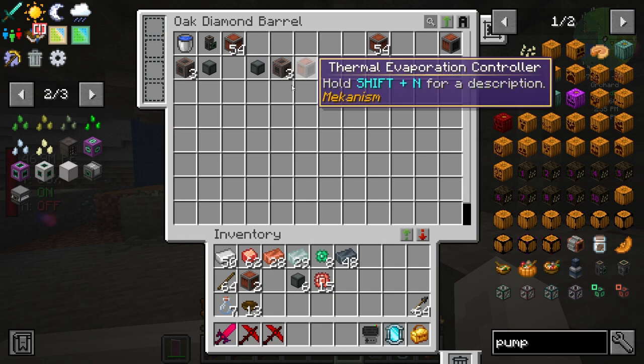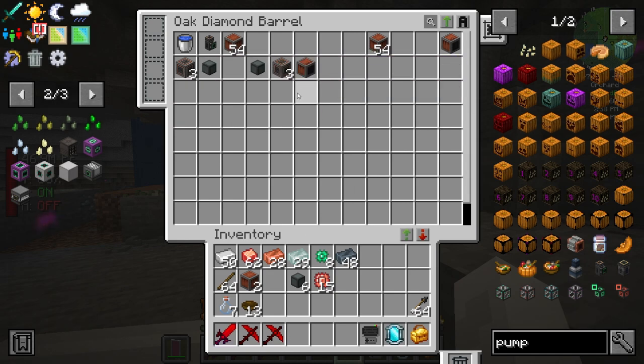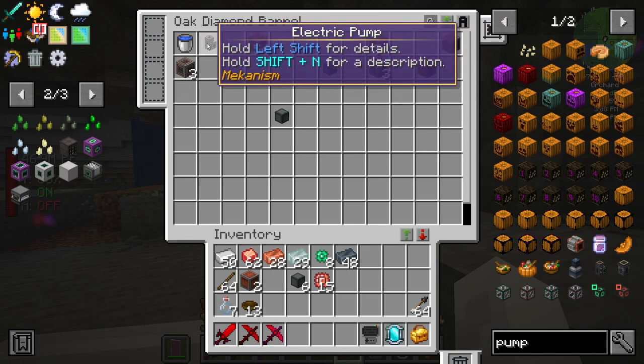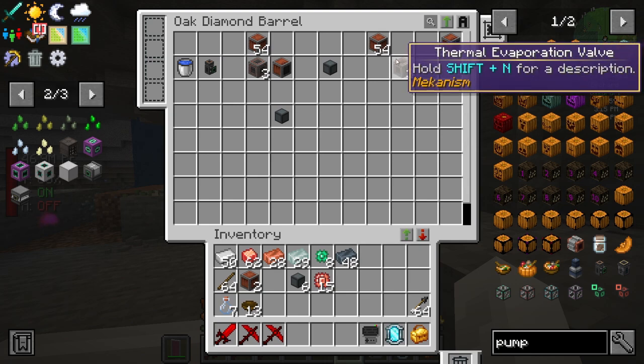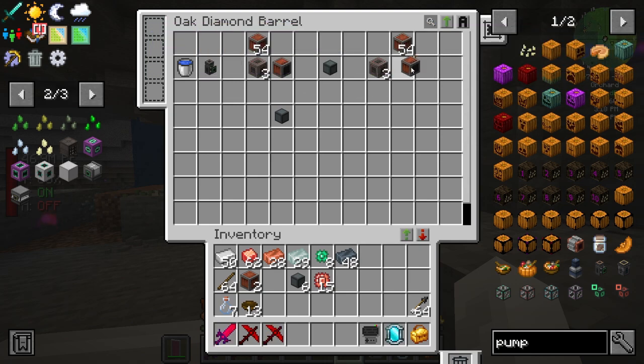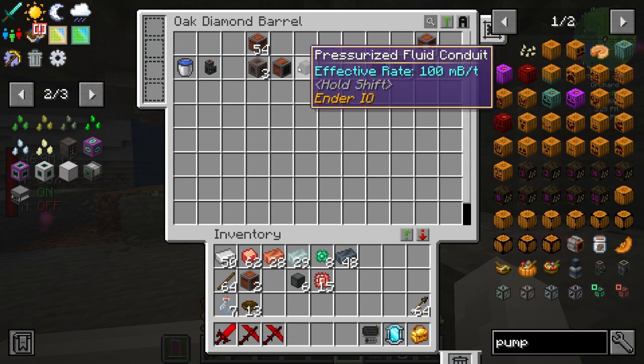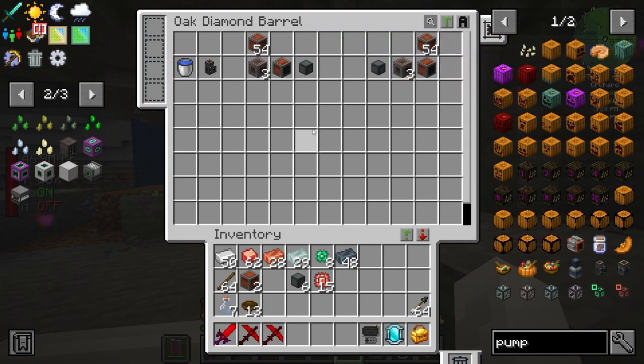Now we're talking. And now there's of course all screwed. So we have our water bucket, then our power. Our pressurized conduits from here to here. And then our tank.